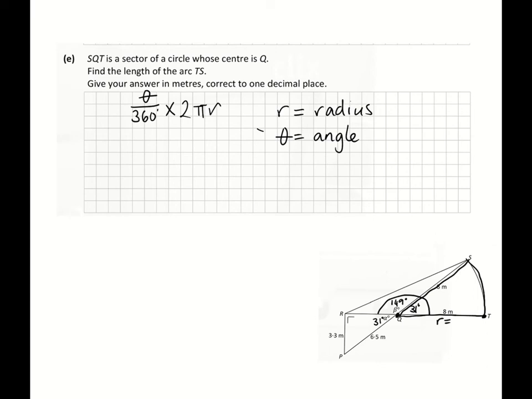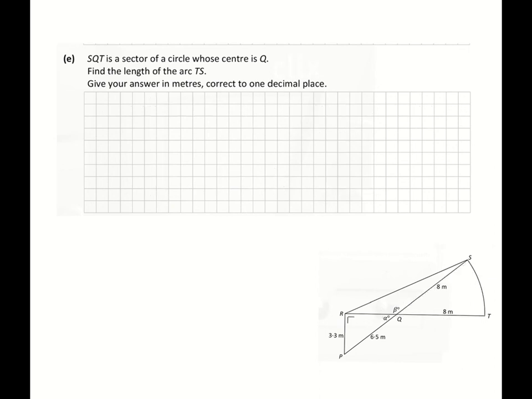So r is equal to 8. So if I put 31 over 360 multiplied by 2 by pi, you can use your calculator to do pi, or 3.142, and 8 meters. And if I put that into the calculator, I get 4.3 meters when I do it correct to one decimal place.